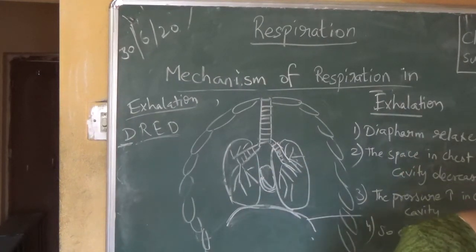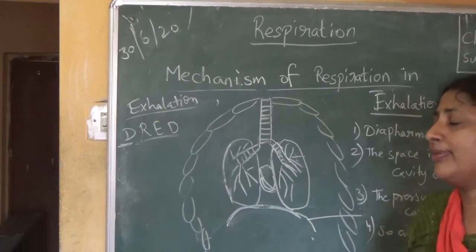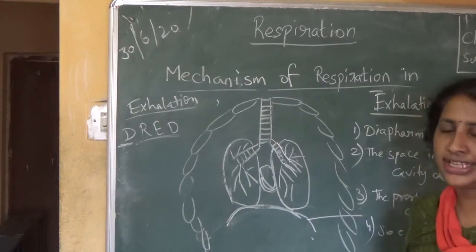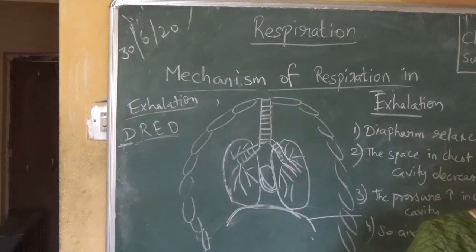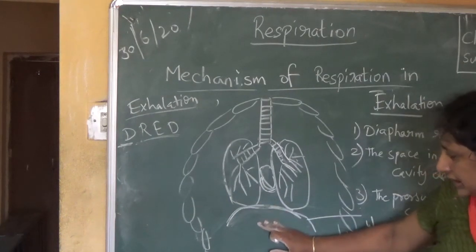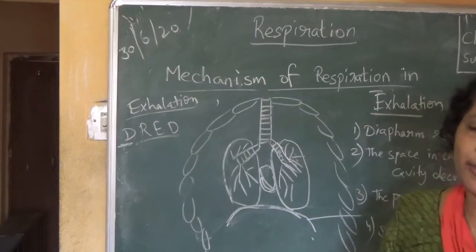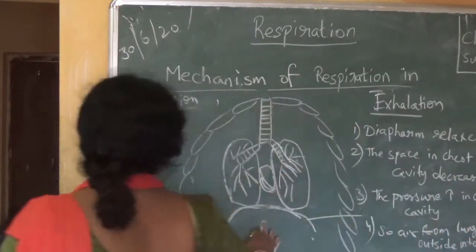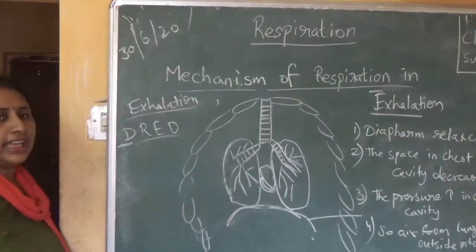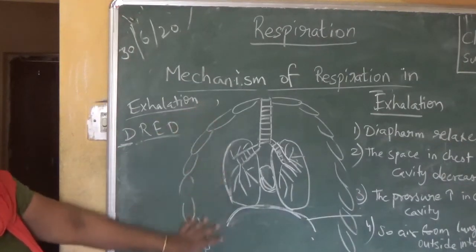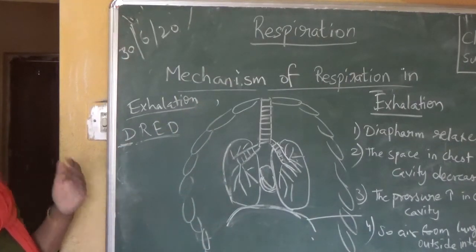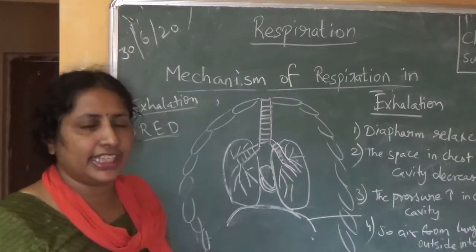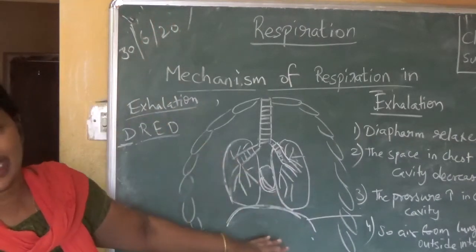So when the diaphragm contracts during inhalation, the dome moves a little downwards. What happens when the dome moves downwards? The space in the chest cavity is increasing. Increasing means the pressure is decreasing, so outside air is coming inside.